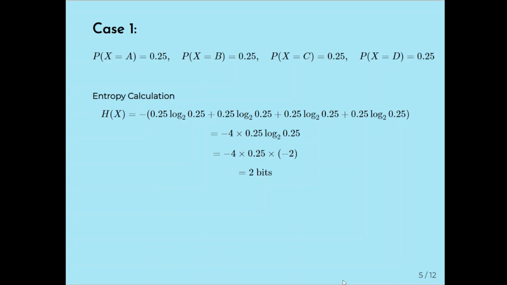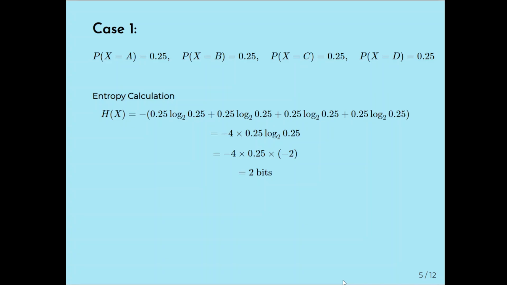There are four of them, so we let that equal minus 4 times 0.25 times log to the base 2 of 0.25. Basically we combine the four identical results for the four characters, so that's where we get that 4 from.